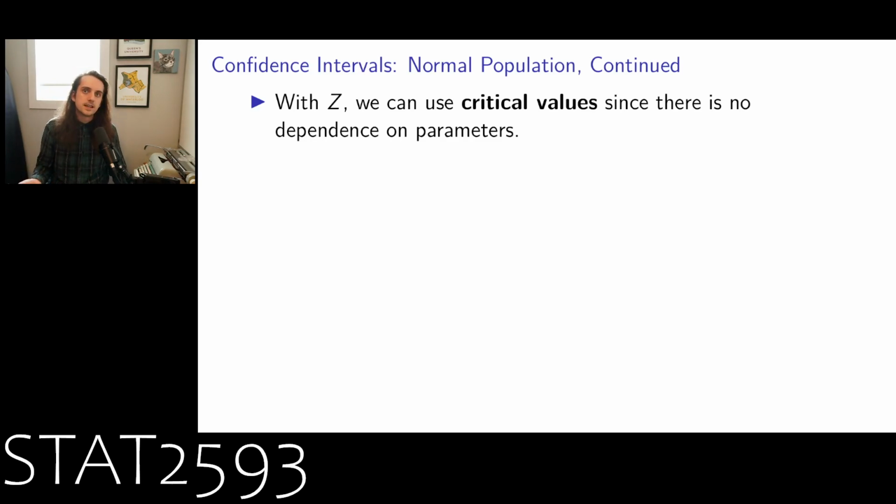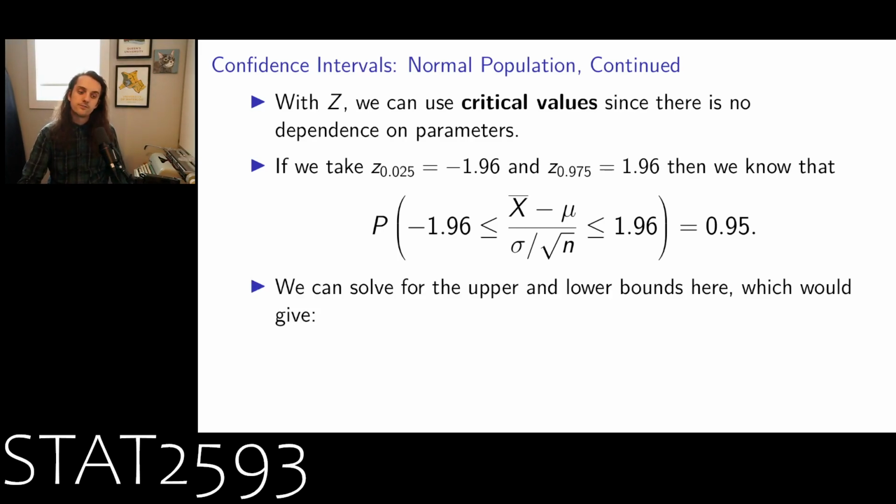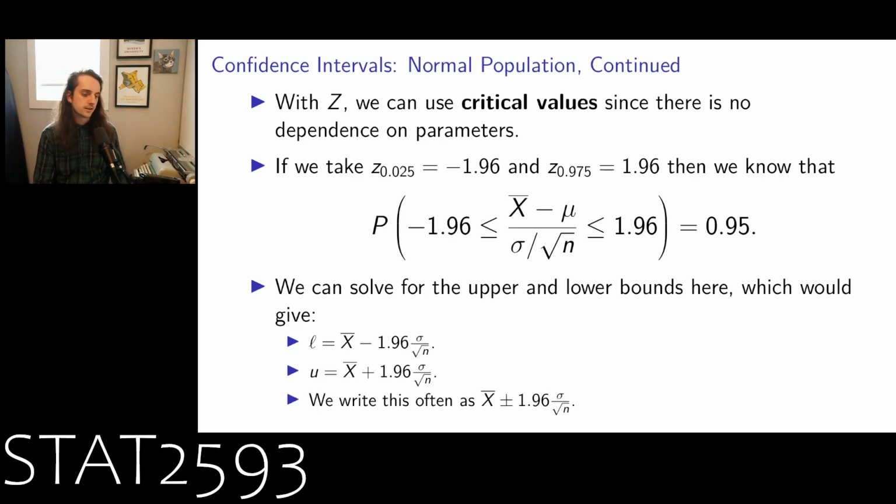You might have endpoints that depend on parameters that you don't know. In this case that's not the case, but it could come up. Taking those two critical values, we have the probability equals 0.95, and we can solve for the upper and lower bounds. The lower bound is x bar minus 1.96 times the standard error, and the upper bound is x bar plus 1.96 times the standard error. We'll often write that interval as x bar plus or minus 1.96 times sigma over the square root of n.